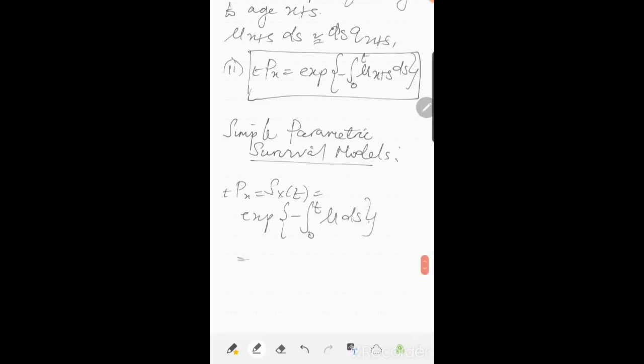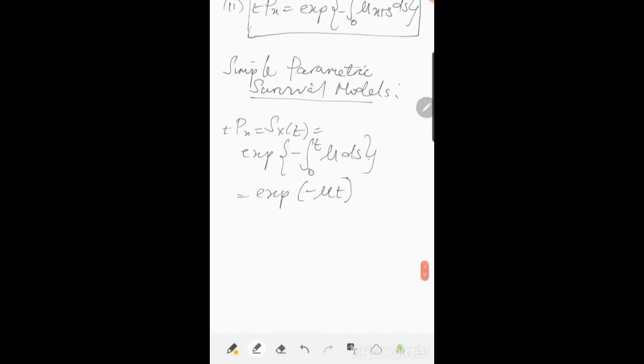If you integrate this mu ds, we have the expectation of negative mu t from 0 to t. If you integrate that further, you get that. So that's the tPx that we are supposed to use in parametric survival models.